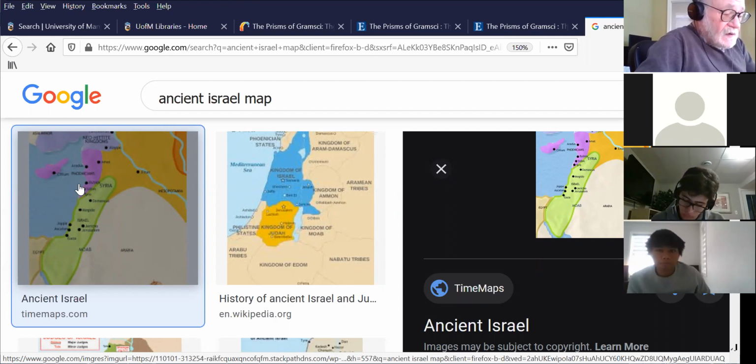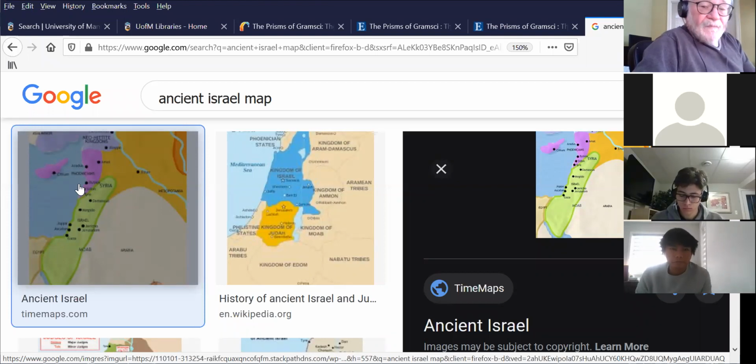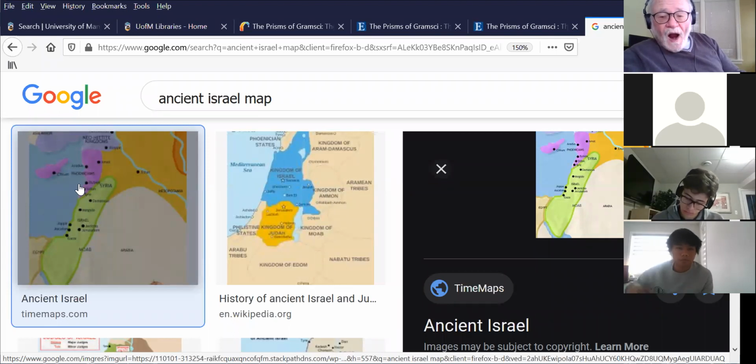But as I explained, only a few people were literate. In ancient Egypt and Mesopotamia, the priests were the only literate people. But the main function of this writing was practical. It enabled the government to collect taxes.